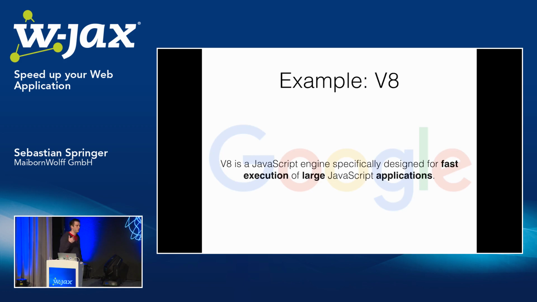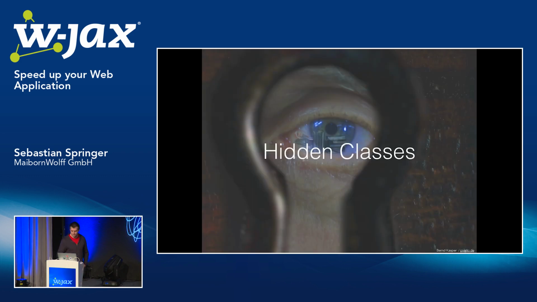So I'll show you a few optimizations of this JavaScript engine in order to let you know how to implement the front-end logic of your application so that it gets optimized by the browser. One major feature of the V8 engine is the creation of hidden classes.